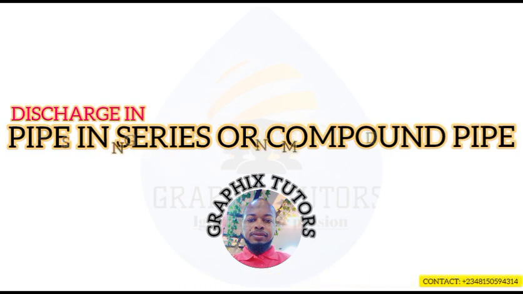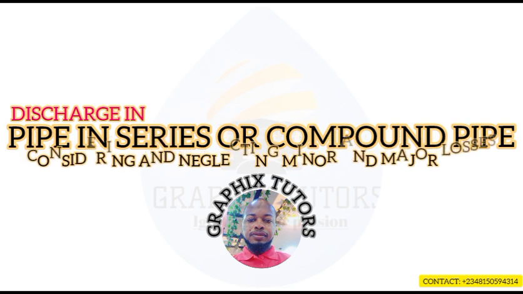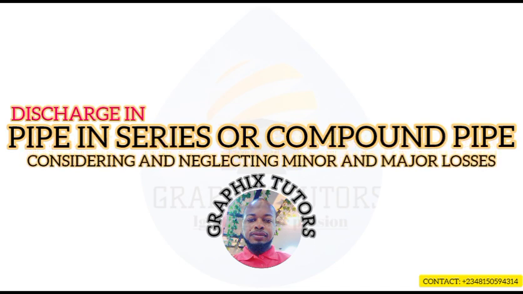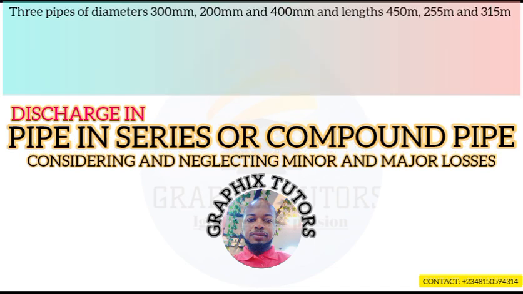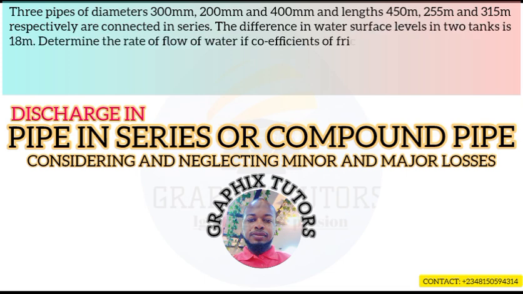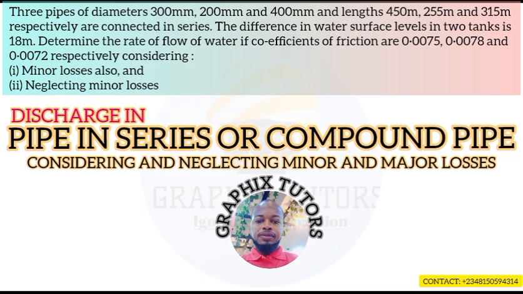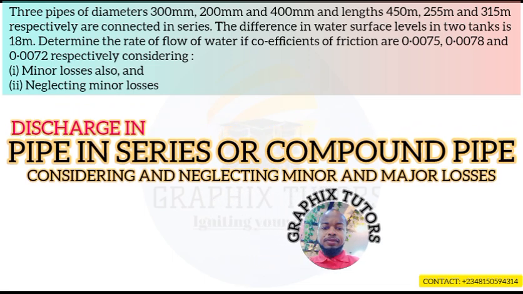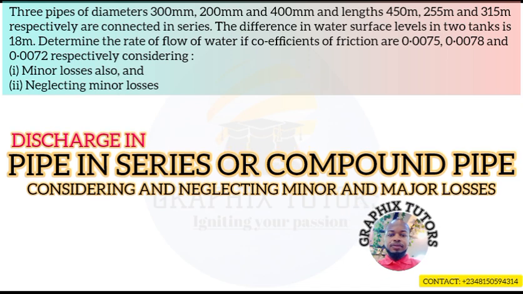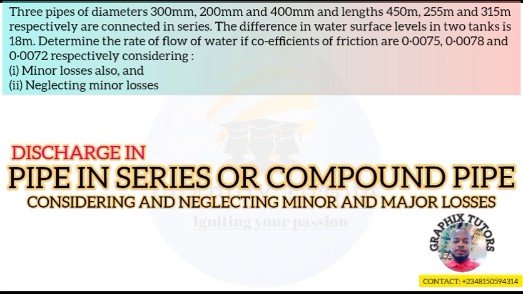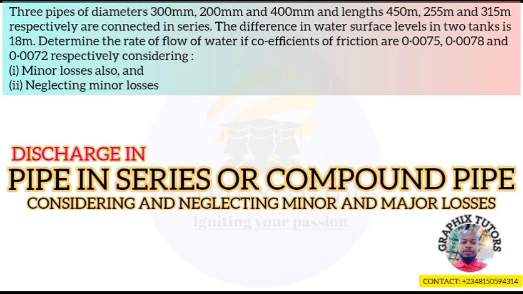If you look at the front of your screen, you will see a question. The question says three pipes of diameter 300 millimeter, 200 millimeter, and 400 millimeter, and length 450 meter, 255 meter, and 315 meter, respectively, are connected in series.